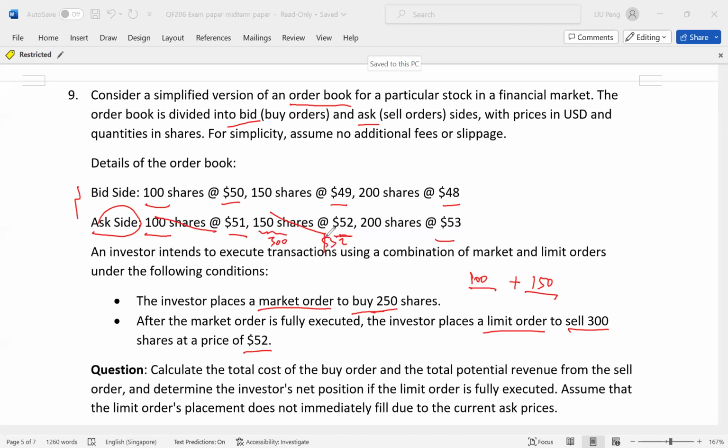What this means is that I'm providing new liquidity to the market by offering the best price, because the remaining ask will be 53, which is higher than what I offer. So I place this order and offer the best price in the market. That's the process.